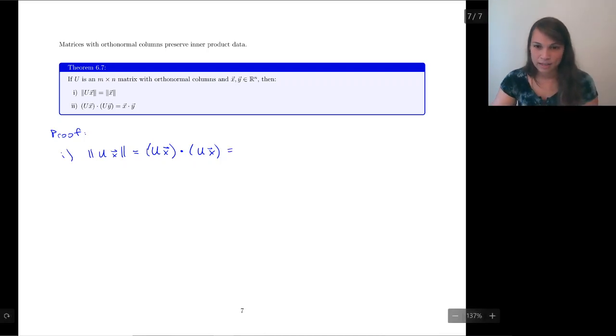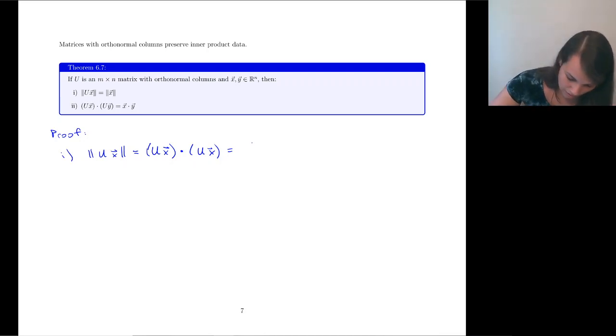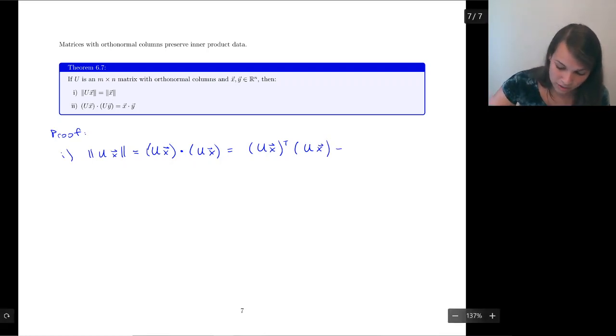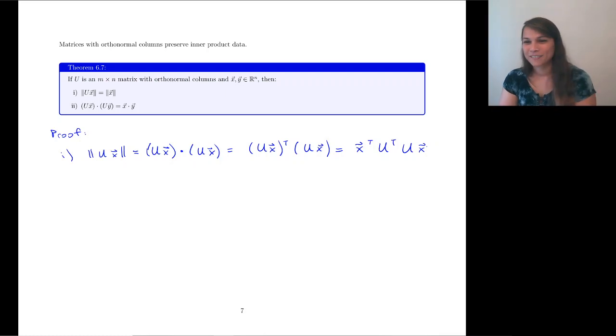And just like on the last page, dot product is the same thing as matrix multiplication, but with the transpose of the first vector. And then we know things about transposes: you just flip the order and we can distribute. Oops, no transpose here. There we go. But wait, we know things about U transpose times U.